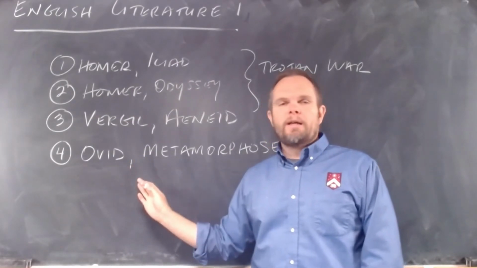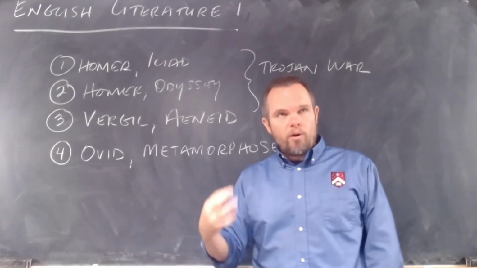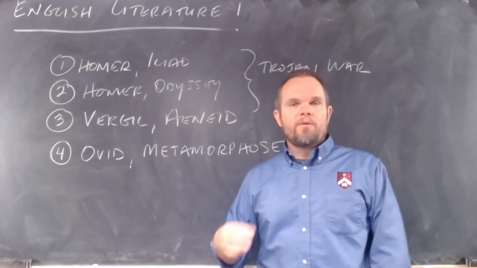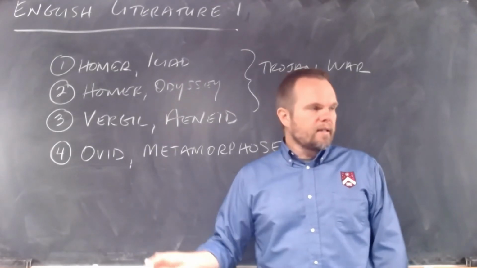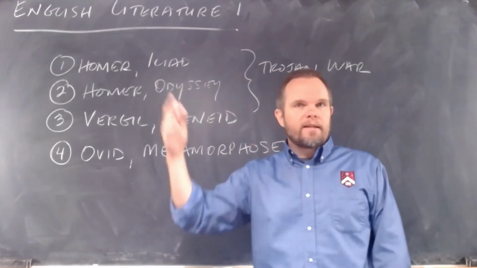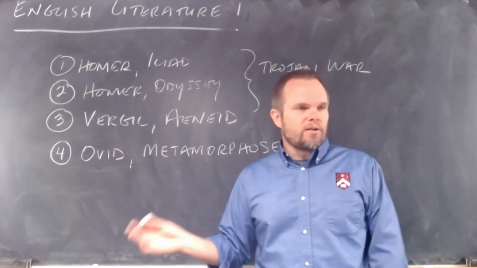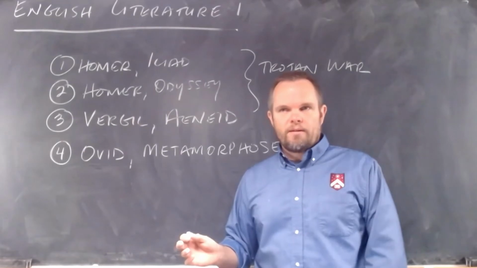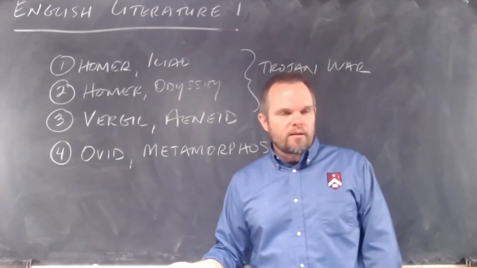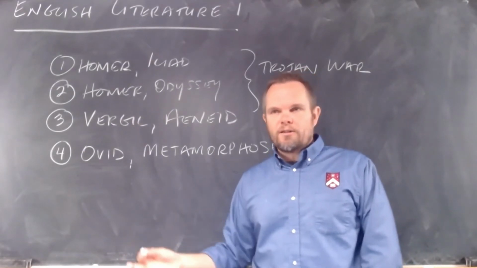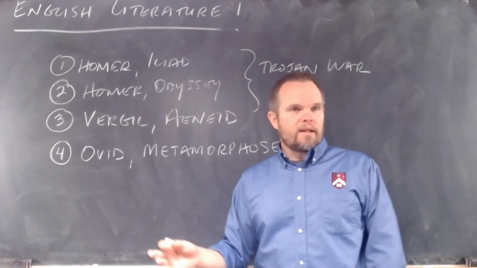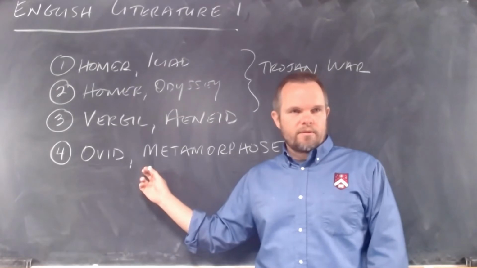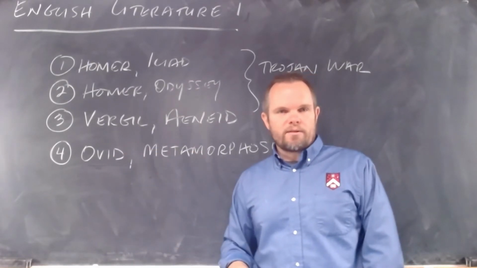In this poem, he basically, as a poet, talks about where everything came from, how the world was created, where men came from, where everything that we see came from, and how everything changes from one form into another. Okay? So all of the myths that you can think about, the ancient myths and legends from classical Greece and Rome, they come from Ovid's Metamorphoses. So all of those interesting stories.